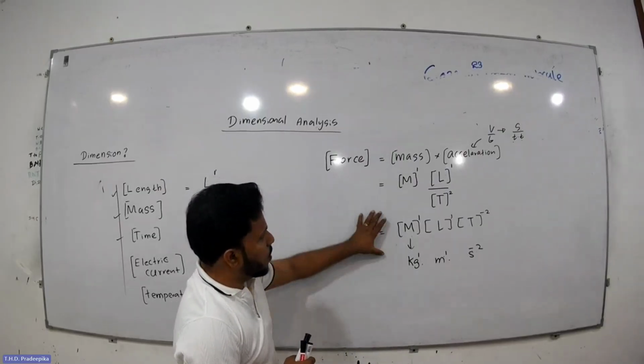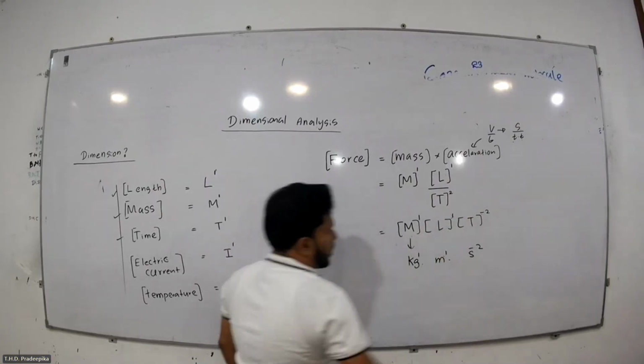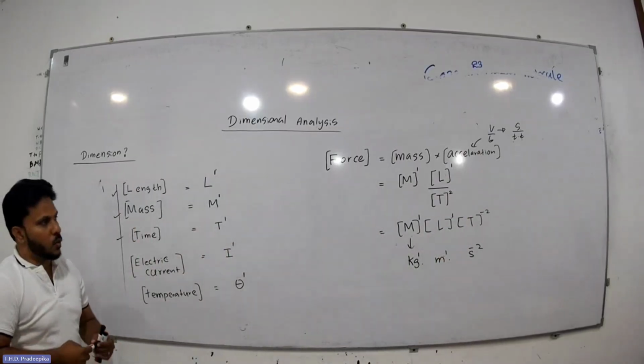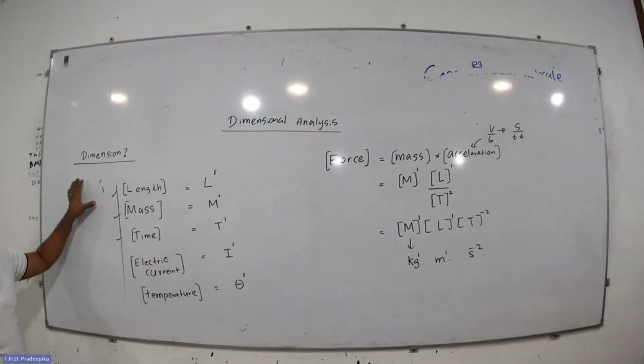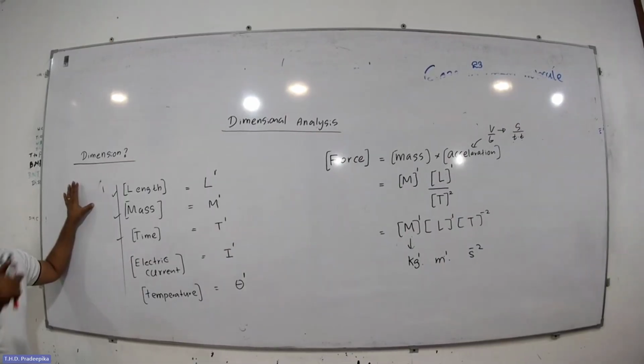So this is how we express the dimension of a physical quantity. Now tell me, what is the meaning of dimension? The dimension of a physical quantity is a symbolic expression which represents the relationship between the fundamental physical quantities and the given physical quantity.